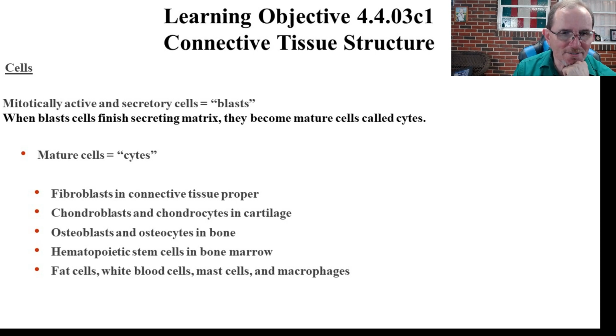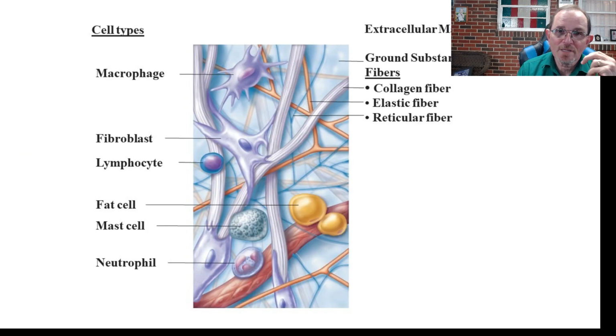The adipose cells, the white cells, mast cells, macrophages, well, I mean, we do have blasts in there. That'll be an A&P 2 topic, so let's kind of gloss over that one.